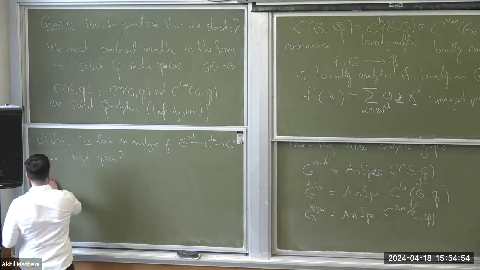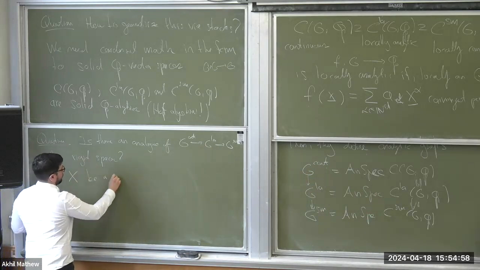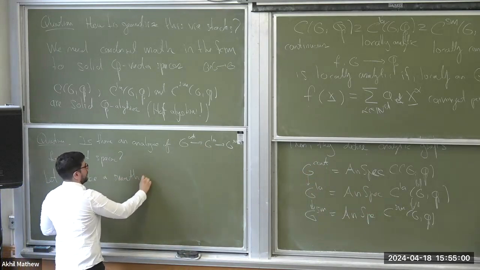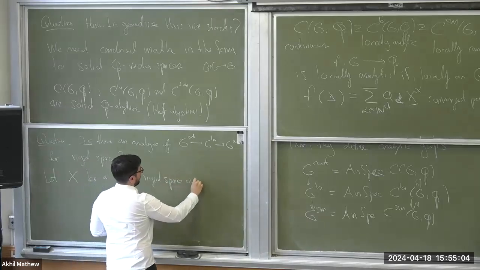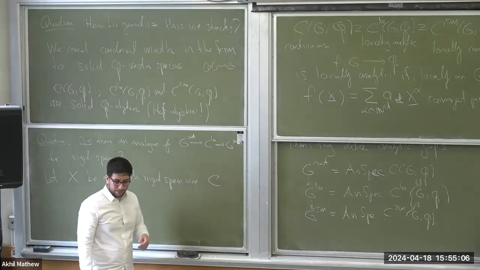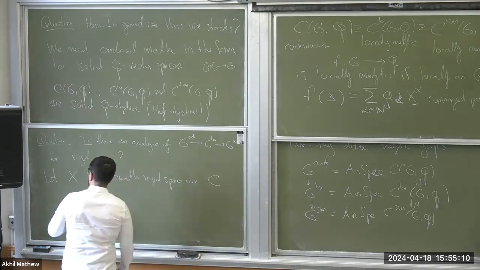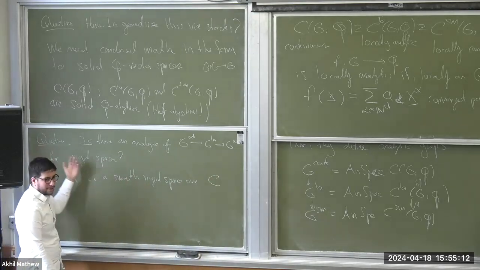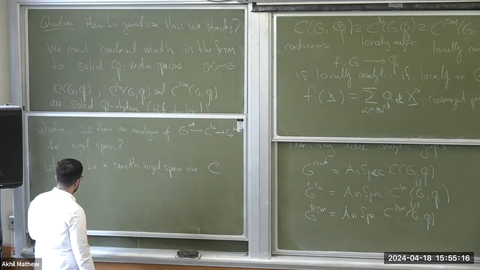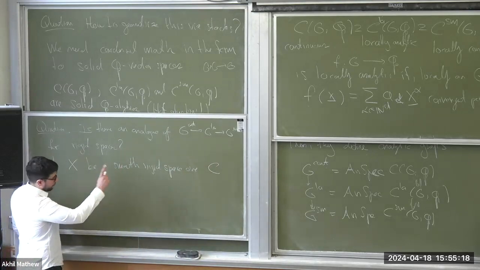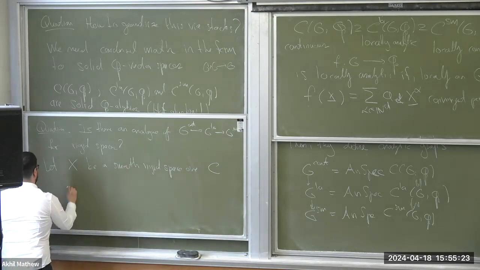So let it be a smooth rigid space over, let me take just algebraically closed C. And the answer is, well, yes, there are analogs, and let me just write down what the analogs are, mentioning briefly what they are, with an example that I will write in a second. So yes.